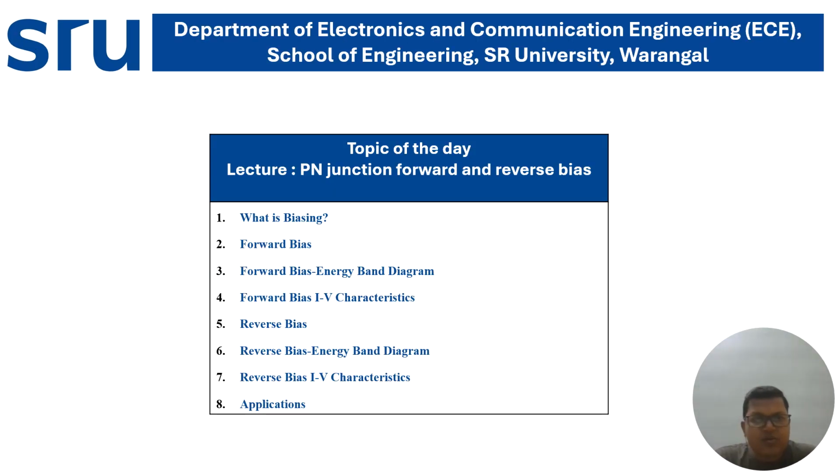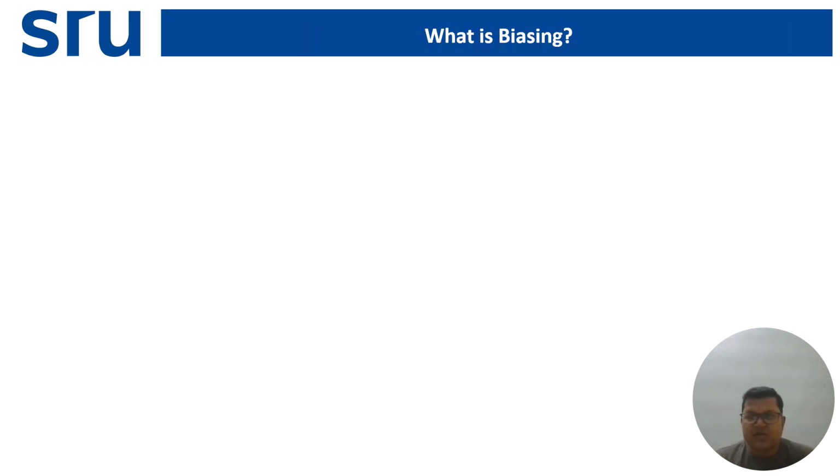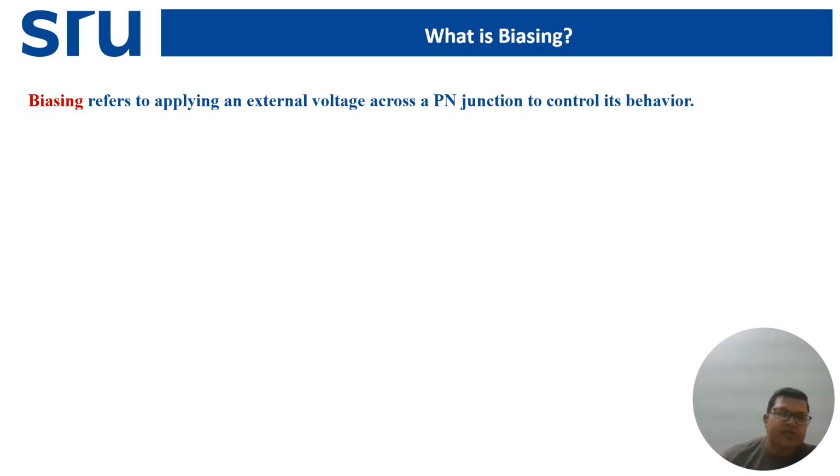Okay. Now we will see the forward bias and reverse bias conditions of the PN junction diode. Before going to the forward bias and reverse bias, we will see what biasing is. Biasing refers to applying an external electric voltage across a PN junction to control its behavior.